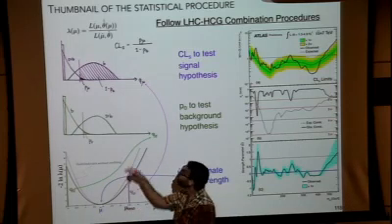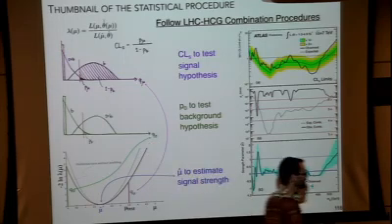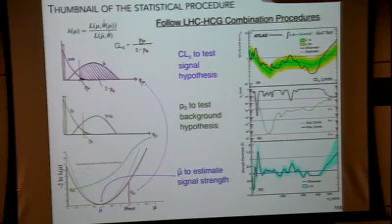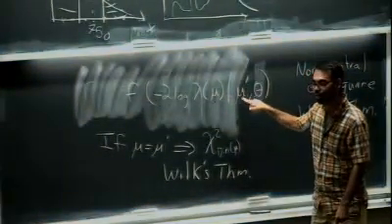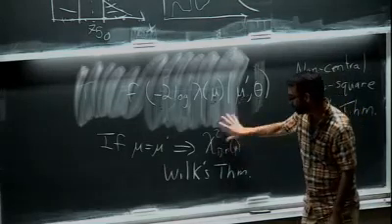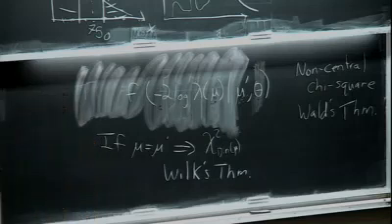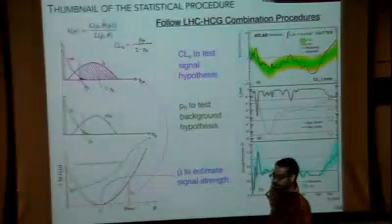So under the signal plus background, it looks like some falling distribution, okay? So that's basically saying if the mu I'm testing is 3.5, and the true value of mu is also 3.5, I expect it to be a small number, and in the Wilks theorem case, I expect it to look like a chi-square distribution, so I expect it to be falling steeply, okay?